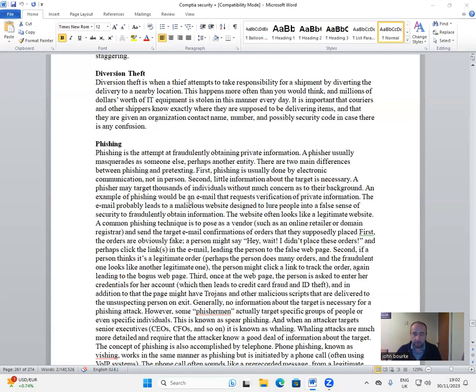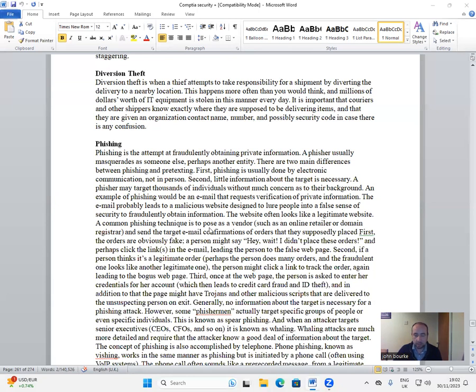An example of phishing would be an email that requests verification of private information. The email probably leads to a malicious website designed to lure people into a false sense of security to fraudulently obtain information. The website looks like a legitimate website.